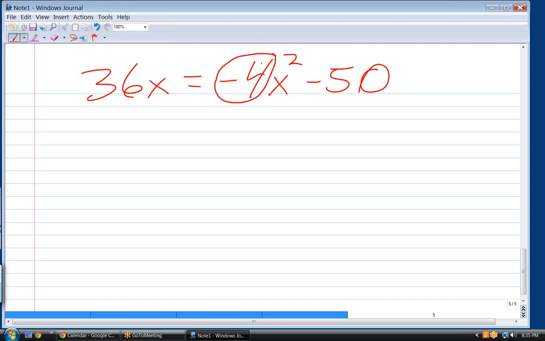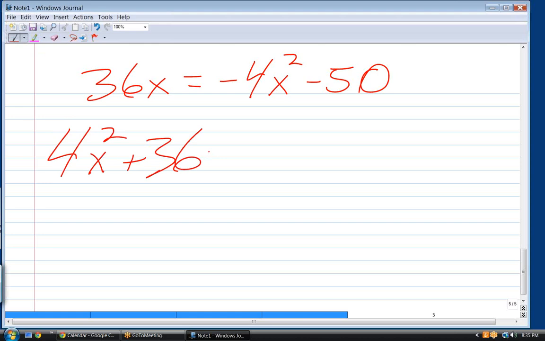Well, since we want a positive coefficient instead of a negative one, instead of moving the 36 to the right, where everything would be negative, let's move these two to the left and make everything positive. So now we have 4x squared plus 36x. Let's put everything in order. So that's the same thing, right?